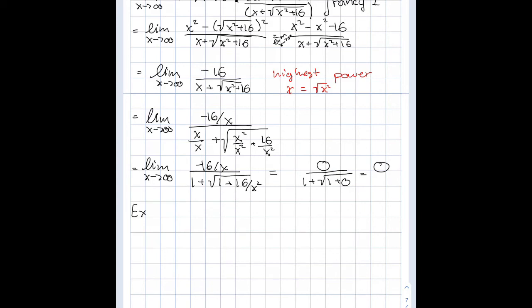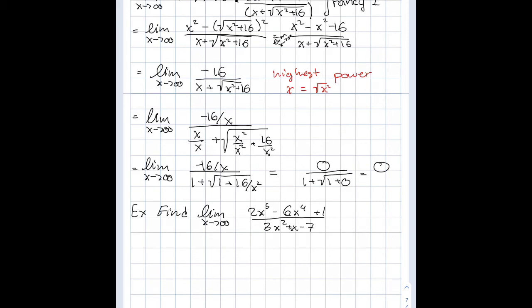So we're going to find the limit as x approaches negative infinity of 2x to the 5th minus 6x to the 4th plus 1 over 3x squared plus x, plus minus 7.